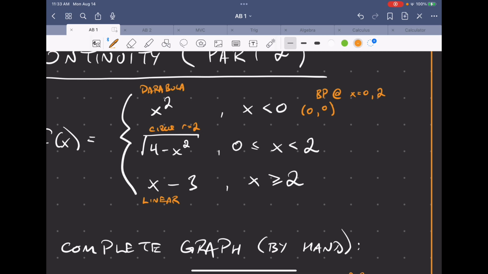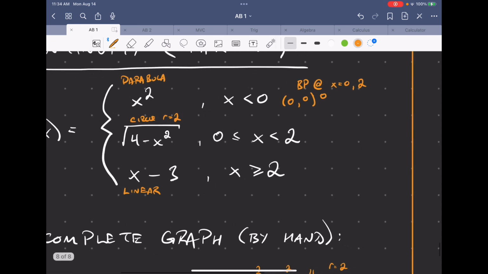At the breakpoint, this has the coordinate (0, 0). Also realize that since this is strictly less than 0, it doesn't have the equal to part. This would be an open circle. So you're not actually equal to the x value; you're getting really close to it. On the graph, we would put an open circle at that point.